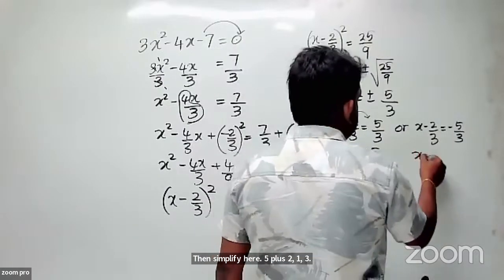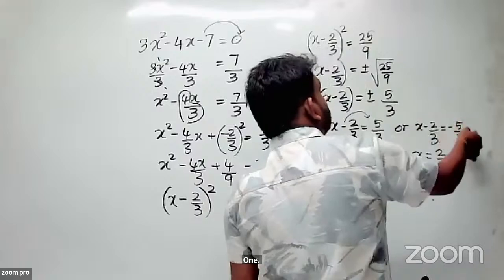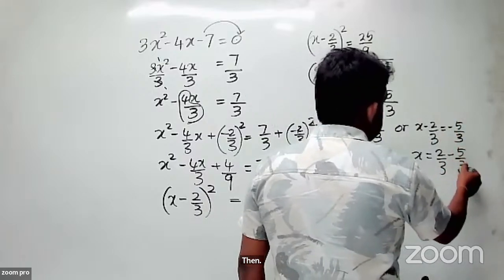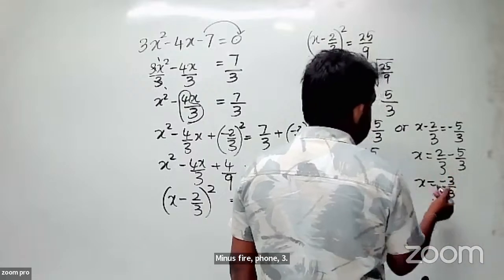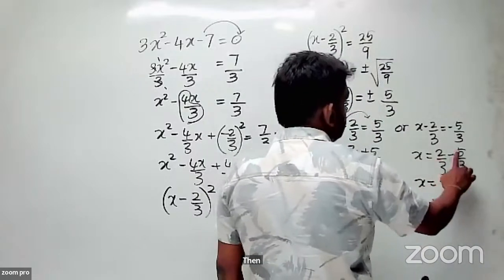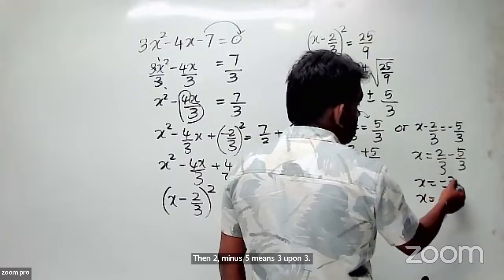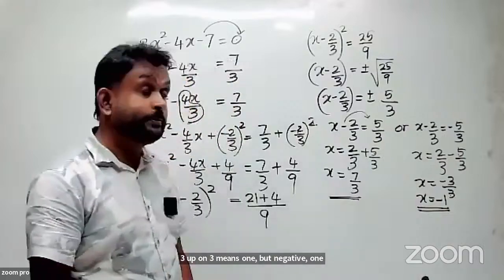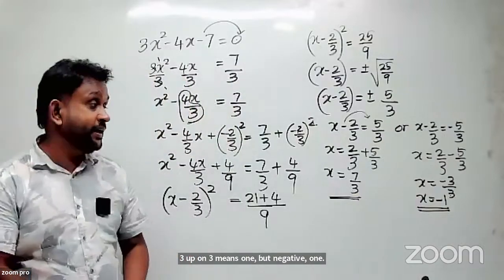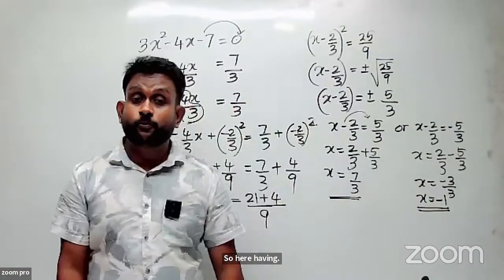Then for the other, 2 upon 3 goes across as positive, minus 5 upon 3. Then 2 minus 5 means negative 3 upon 3, which is negative 1. So here we have a fractional value as well as negative 1.